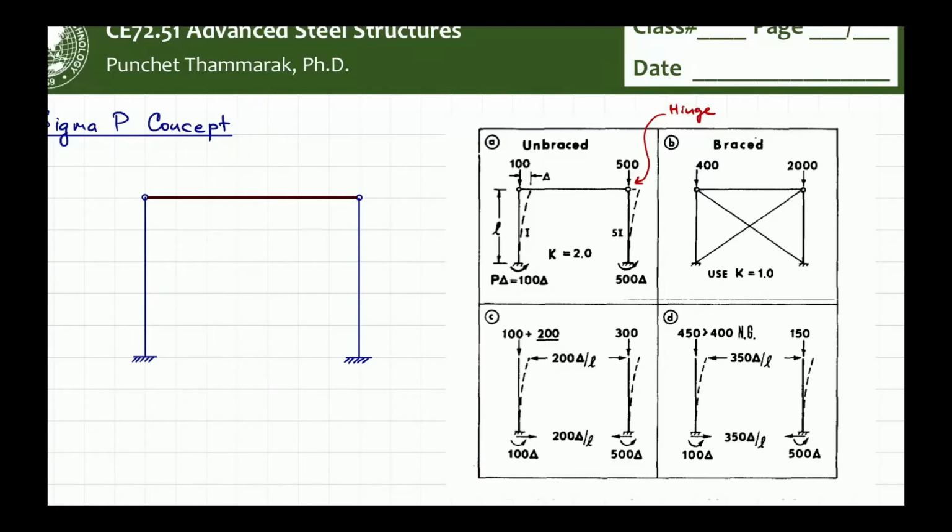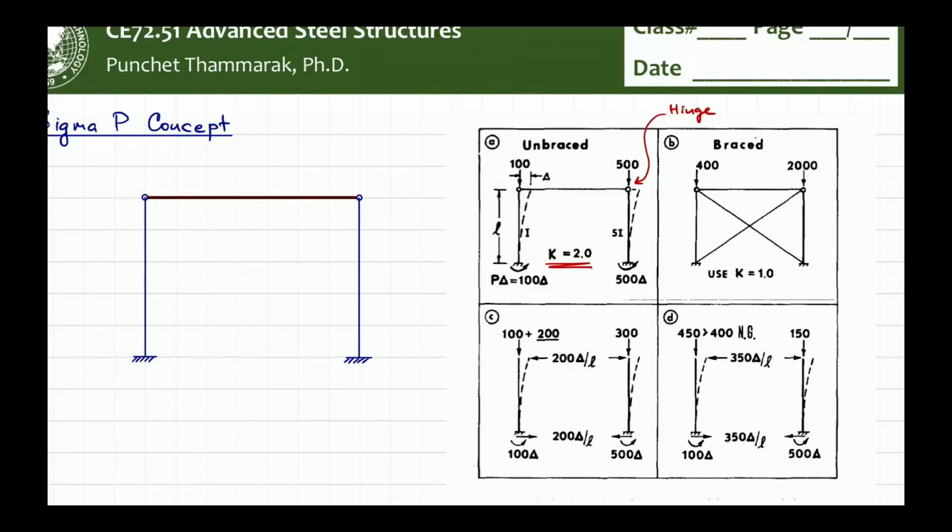So, the left column has a capacity of 100 delta, whereas the second column has a capacity of 500 delta. For this, K is equal to 2.0 because it is a cantilever column with a free top.